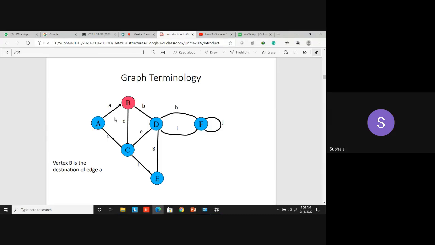Source and destination. These two words you have to remember, because you will be given a graph structure having some 10 to 15 nodes with many edges. You have to find the shortest path from a particular node, from A to F like that. I want to find the shortest path to travel from Chennai to Trichy. I have different routes.